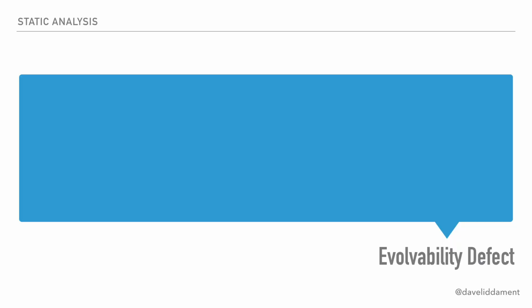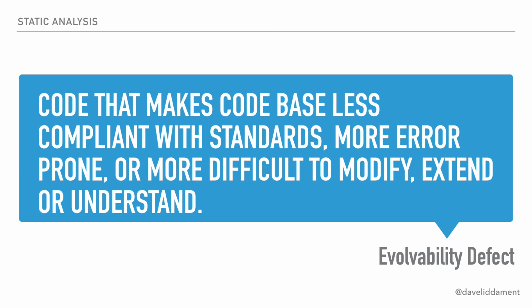Our third group are evolvability defects. I'll read this out. It's code that makes the code base less compliant with standards, more error prone, or more difficult to modify, extend, or understand.